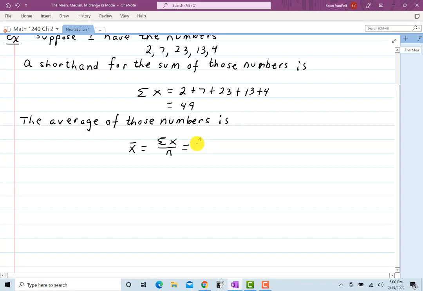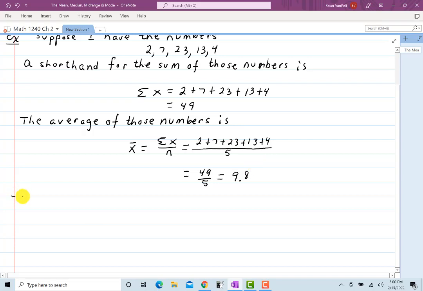So we would do 2 plus 7 plus 23 plus 13 plus 4, and divide it by how many numbers we have. We have a total of 1, 2, 3, 4, 5 numbers. So I would divide the total by 5. And so 49 over 5 would be the answer. And you can leave it like that. There's no reason to change it. But if you feel like changing it to a decimal, it is equal to 9.8.